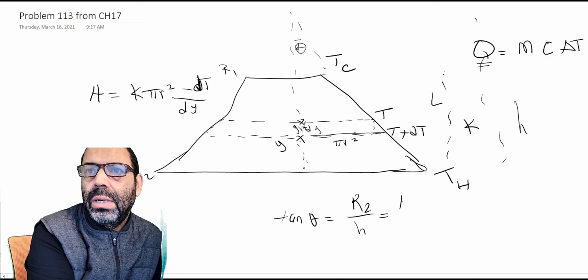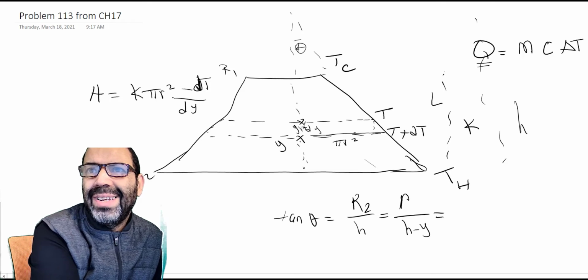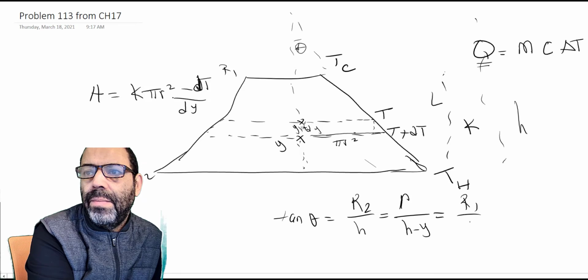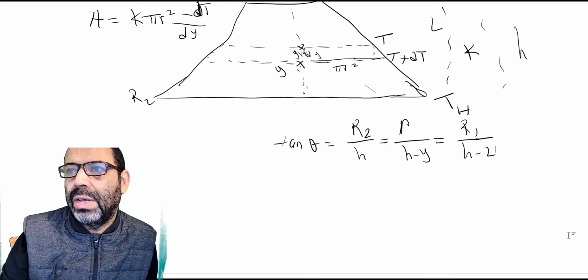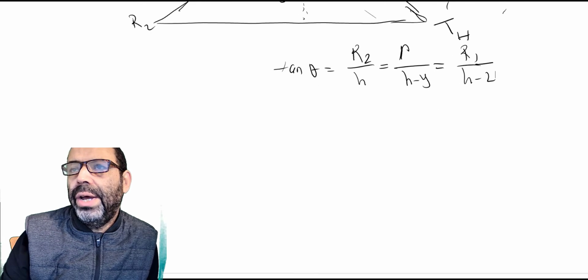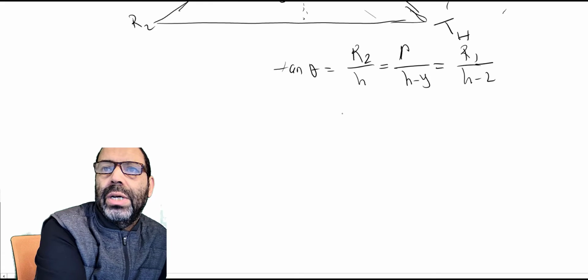So it's little r divided by h minus y. Or finally, it's r1 divided by just this length, which is h minus L. And this would have worked fine if I didn't make that mistake, okay? So the first and the last two terms give me a relationship for h, and we would be in business. That's where the mistake went, actually.